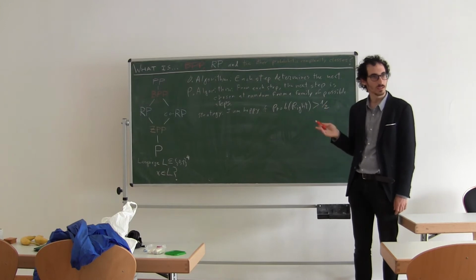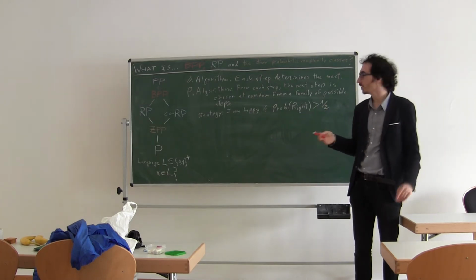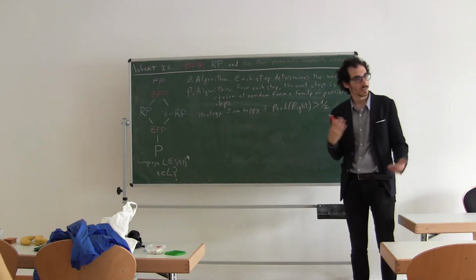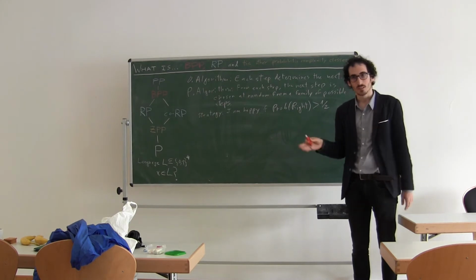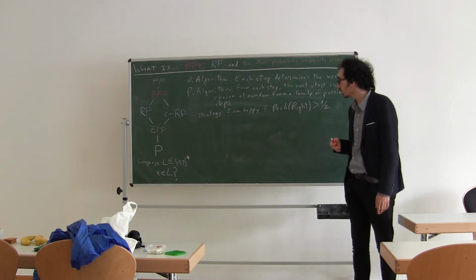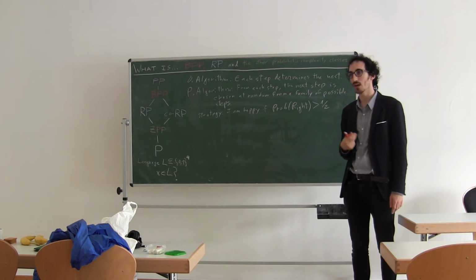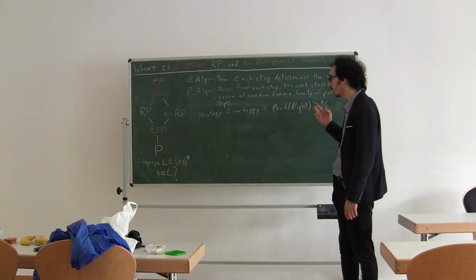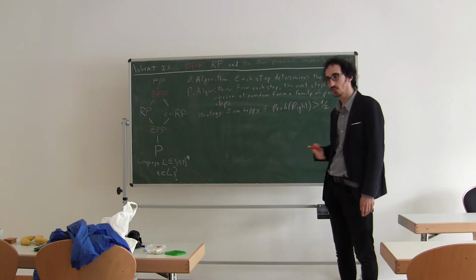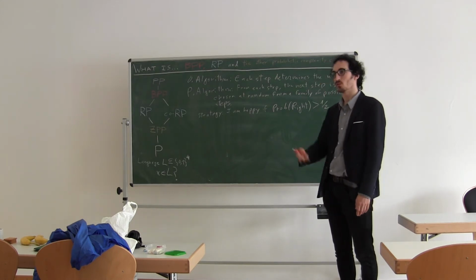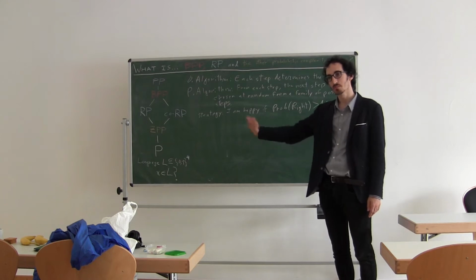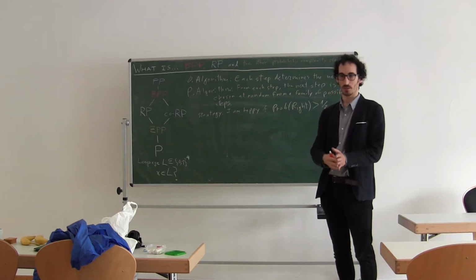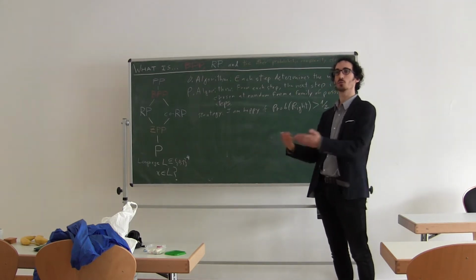This will be the first thing that one would say: okay, if I have more than 1/2, I'm happy. The problem with this kind of algorithm, when you have this strict inequality, is that one way of incrementing the probability of an algorithm is to repeat the algorithm several times, and look at the majority of the answers. If the majority of the answers is a yes, then I output a yes.